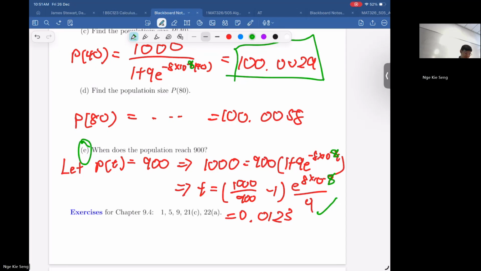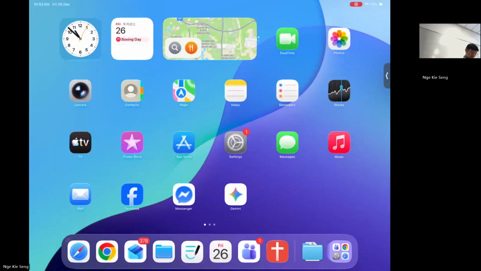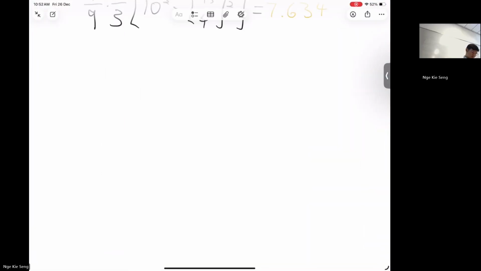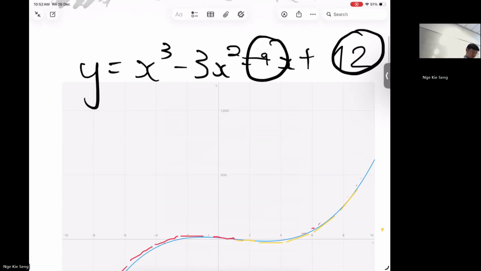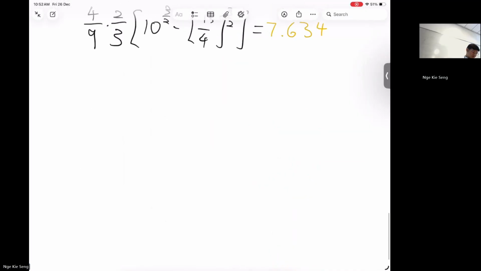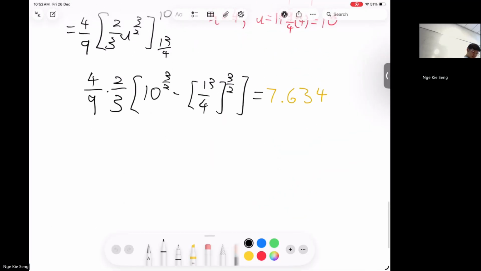Got it? Or should I let my Apple calculate? Try. $1,000.